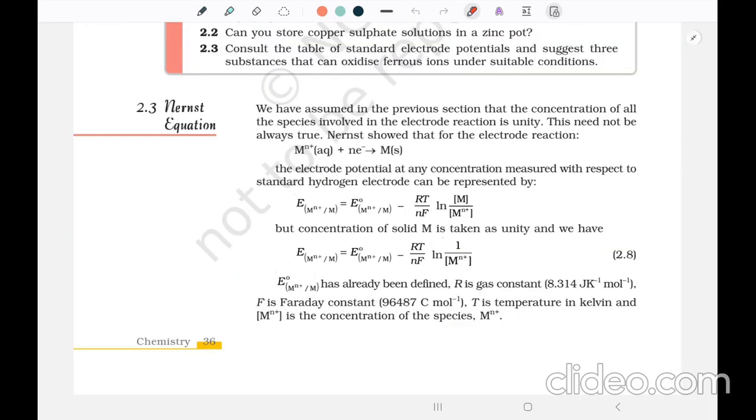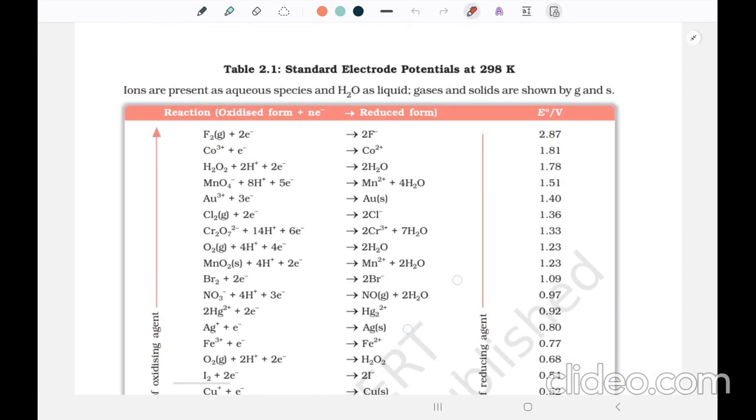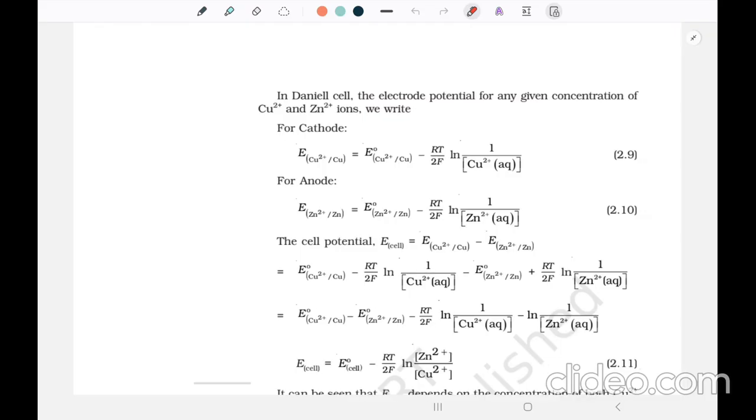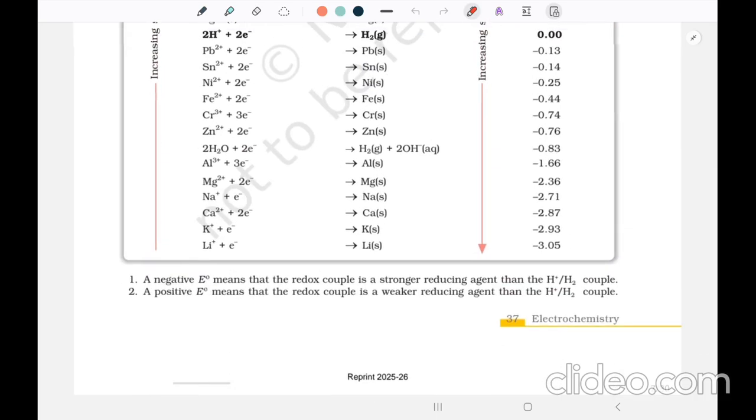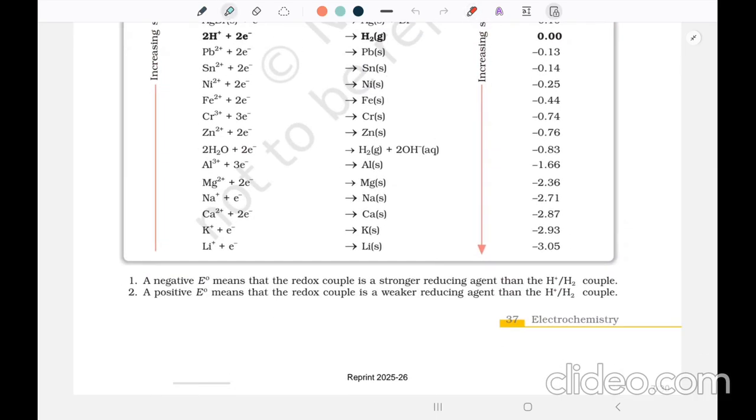In the previous part we have studied the Nernst equation and we have completed the electrochemical series, and the first is the F and the least is the Li+, and these are the two points which are to be noted. The negative E0 means the redox couple is a strong reducing agent, while positive E0 means the redox couple is a weaker reducing agent.